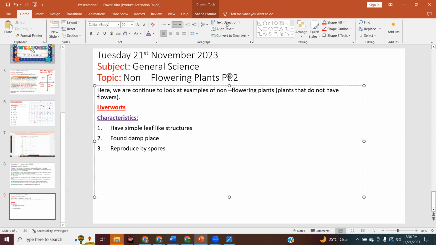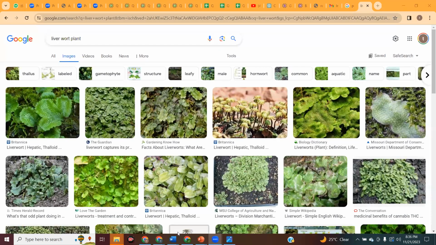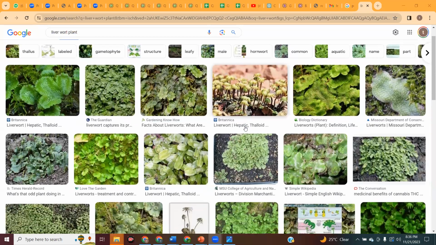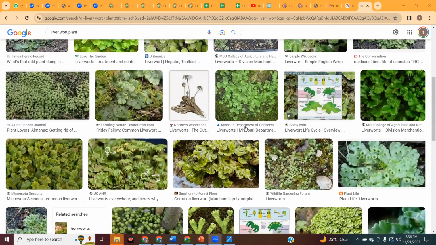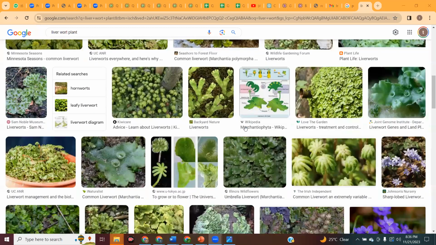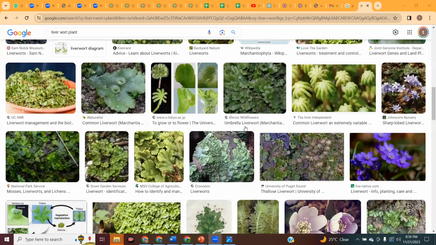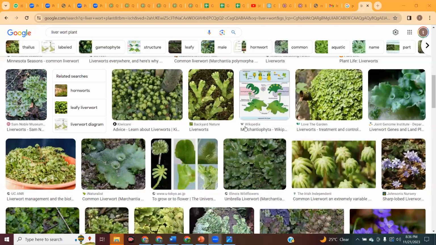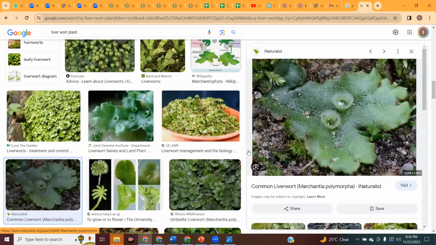Now let me show you an example of liverworts. Let me show you a general example so you can see. These are liverworts. I don't know if you have ever seen these before, growing somewhere. Has anyone ever seen these in real life? No, sir.